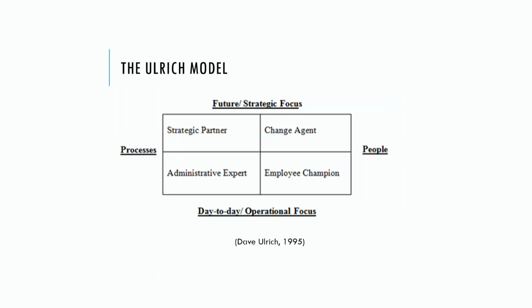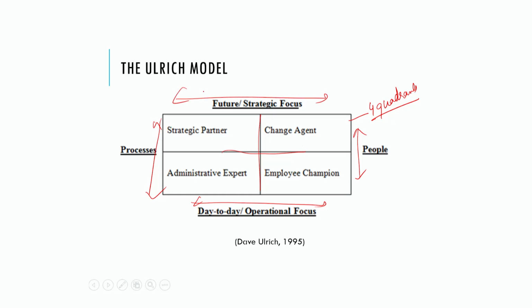Then comes the Ulrich model. The Ulrich model is, you can say, a window format. In this, we have two axes, and they are divided into 4 quadrants, with dimensions like processes, people, day-to-day activities and operations, and future strategic focus.